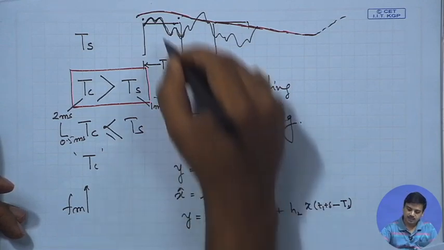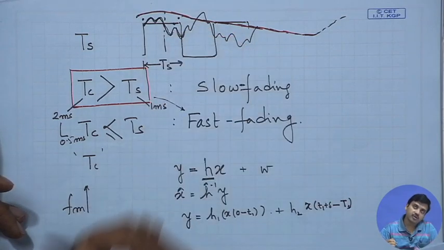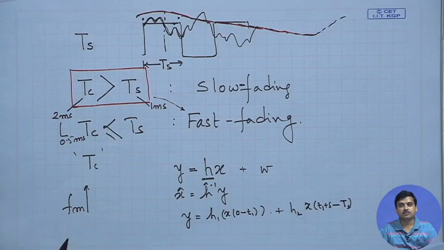In that case, we have to have an advanced equalizer, sometimes known as a fractionally spaced equalizer, which would sample at a higher rate and try to do fractional equalization or even more complicated procedures.